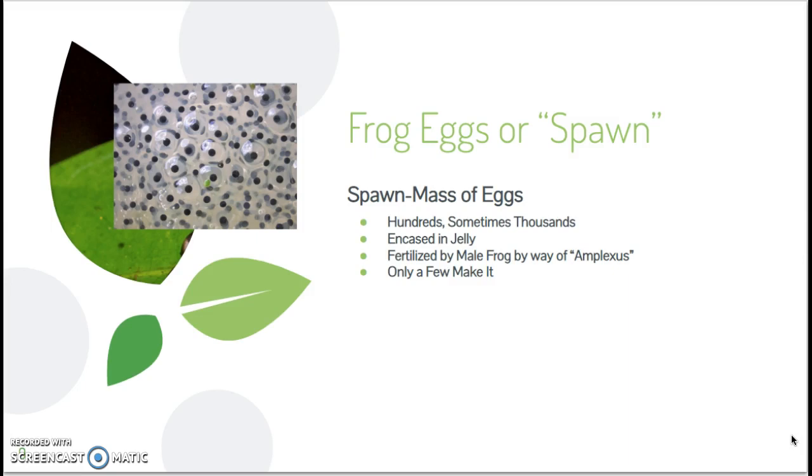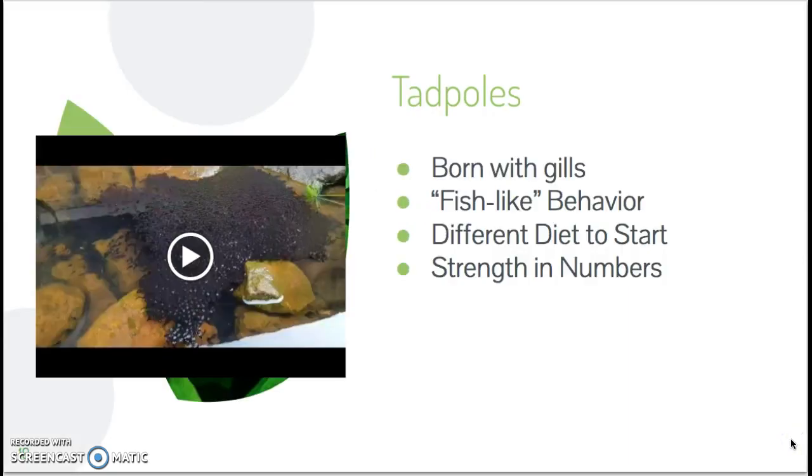And the process of amplexus is when the male frog attaches itself, sometimes for a few days at a time, to the female in order to fertilize the eggs. Just like the butterfly, not very many make it to adulthood. So that is why there are hundreds, sometimes thousands of eggs laid at a time.